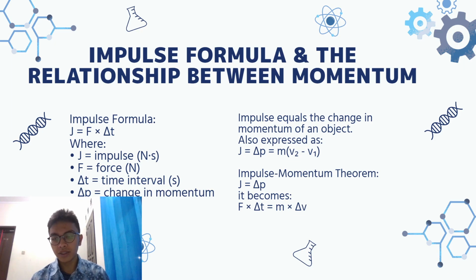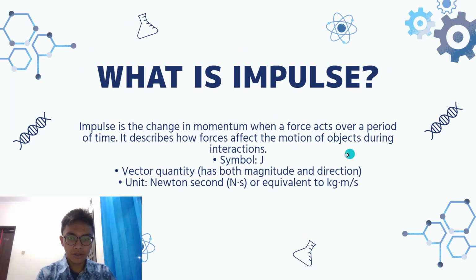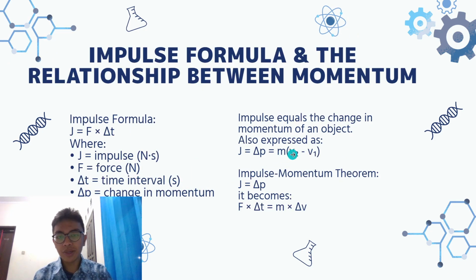The impulse formula is J equals force times delta t, where J is impulse in Newton second, F is force in Newtons, delta t is the time interval in seconds, and delta p is the change in momentum. Impulse equals the change in momentum of an object, so it can also be expressed as J equals delta p.